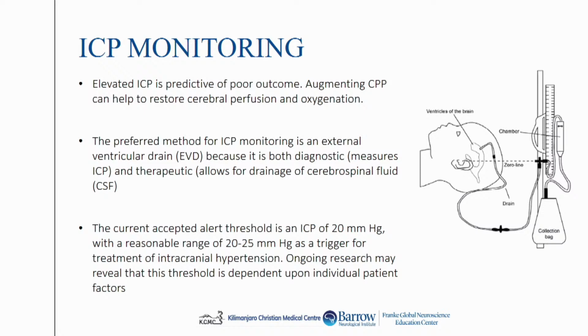Typically, we'll tend to think about external ventricular drains first, because those also allow us to drain CSF to the outside, to this collection system you see on the right of the diagram, thus allowing us to relieve a little bit of pressure at the same time. They're prone to blockage and malfunction and require nurses that are comfortable taking care of them.